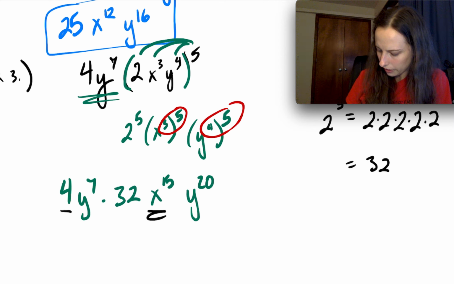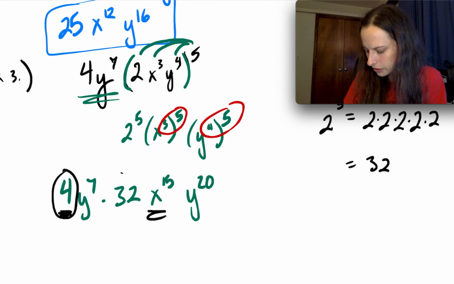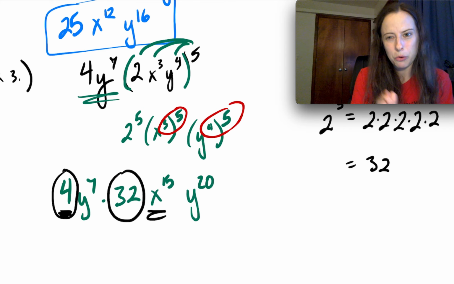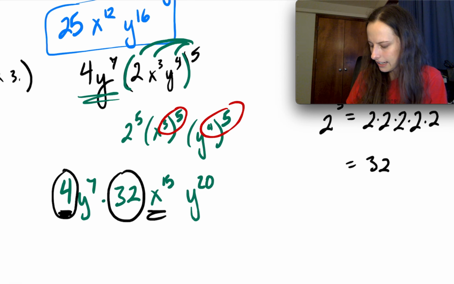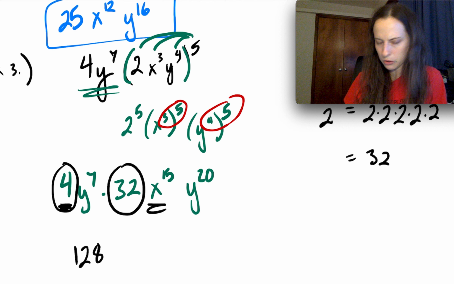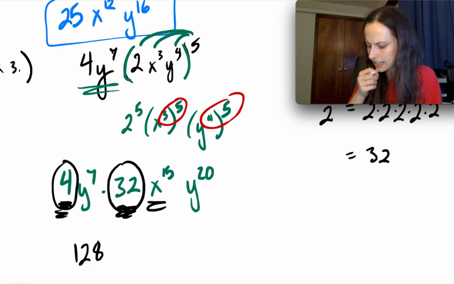This 4 is a number out in front. It's a coefficient, and this 32 is also a coefficient. So we can multiply the 4 times the 32 and get 128.